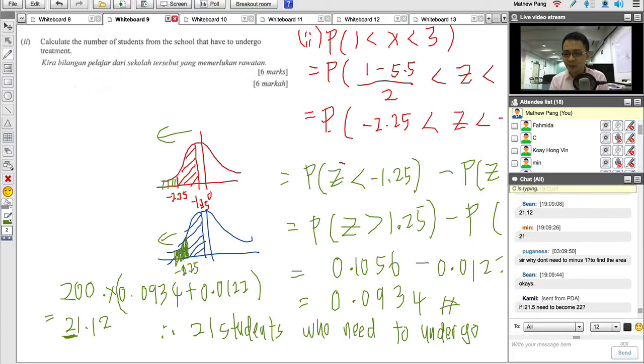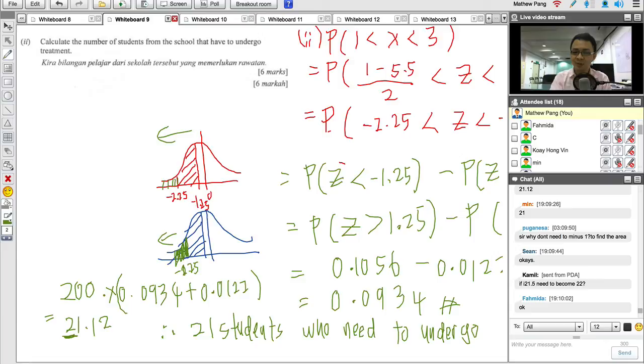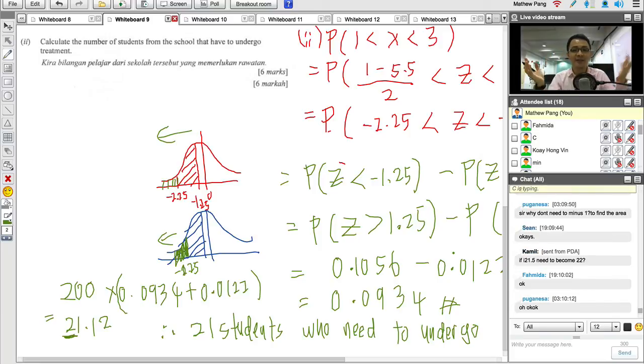Why do we need to minus? Find the area. We already minus what? What do you mean by don't need to minus? If 21.5 needs to become 22, no, we only take 21 because 21.5 has not yet reached 22, so you cannot write it as 22.